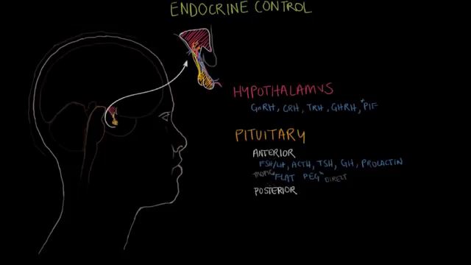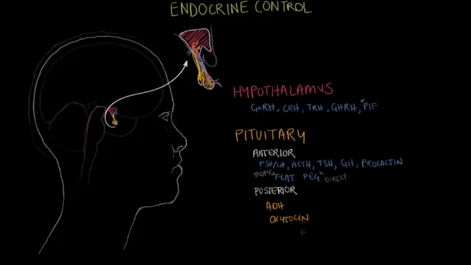And I want to make a point because the posterior pituitary releases these hormones, but they're actually made in the hypothalamus and stored in the posterior pituitary. And the two major hormones are ADH and oxytocin. And ADH is antidiuretic hormone, and it stimulates the collecting ducts in the kidneys to retain water, and oxytocin is a hormone involved in uterine contractions in women.